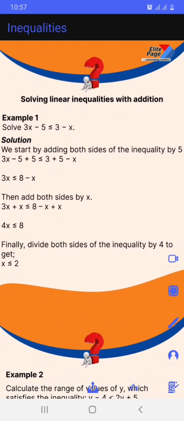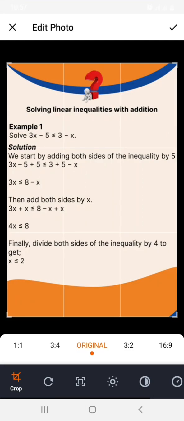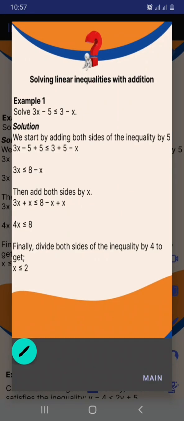Let's say, for instance, 3x minus 5 less than or equal to 3 minus x. With respect to this, we might want to collect like terms, but as well, we might also start by adding 5 to both sides to nullify the 5 on this left hand side. That is 3x minus 5 plus 5. Then to the other side, we add 5 as well.